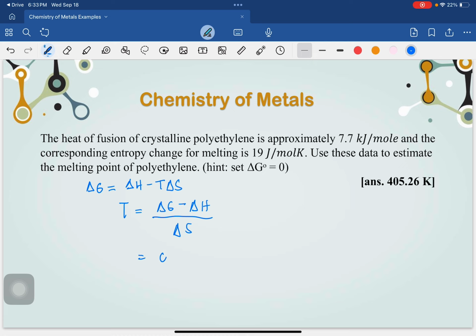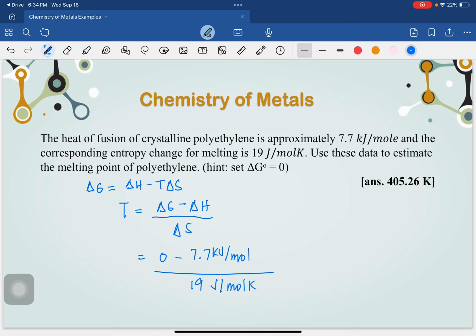We have 0, because we are being asked to set delta G to 0, and then we put 7.7 here, kJ per mole, right? That's kJ per mole. Okay, and then we have 19 joules per mole Kelvin.